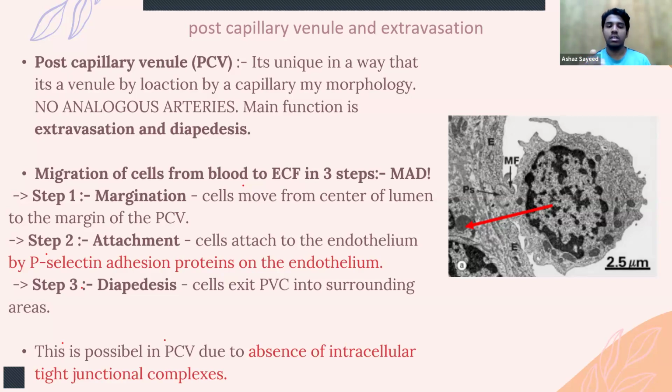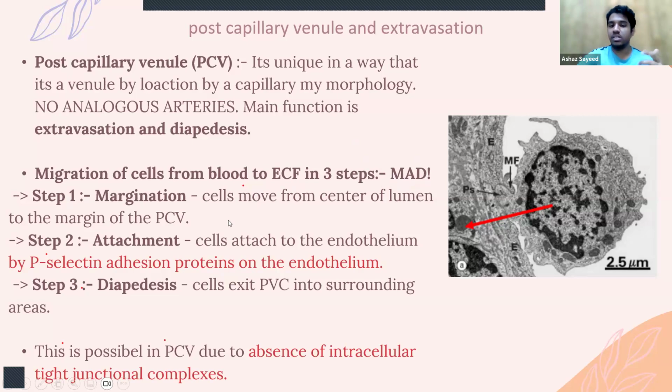Now, this movement of neutrophils happens in three steps. Just remember this word, MAD. Each letter corresponds to one step. MAD.